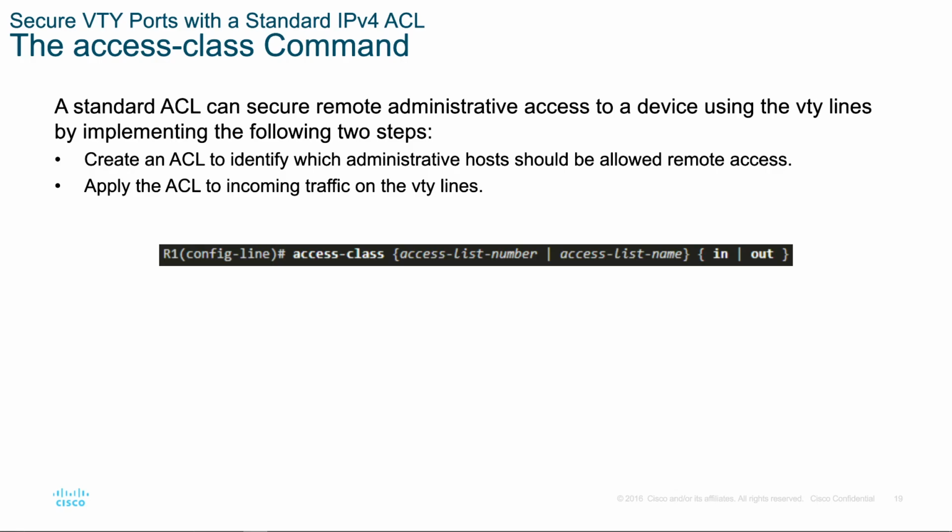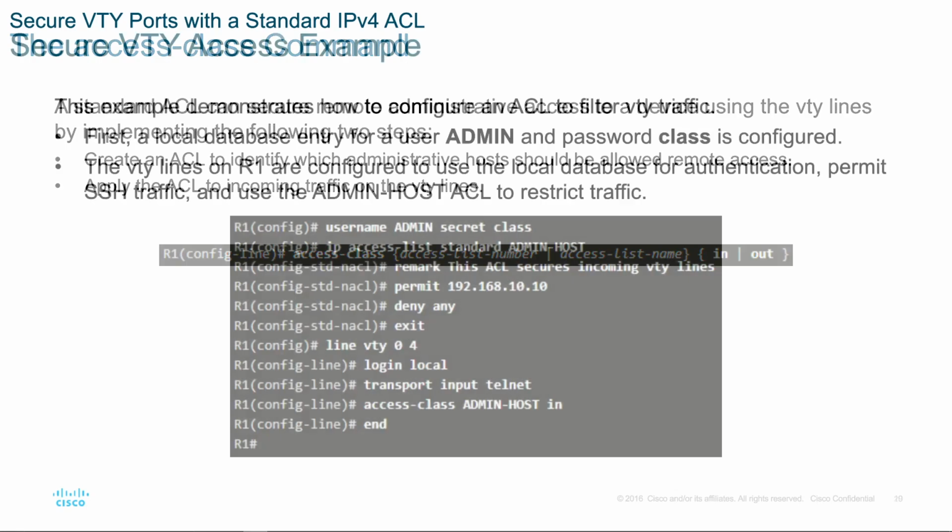Why they've changed it to access class, no idea, but it works exactly the same way. So we create the ACL, then apply it to the line using the access class command, then identify the access list that we're using and the direction that we're applying it in.